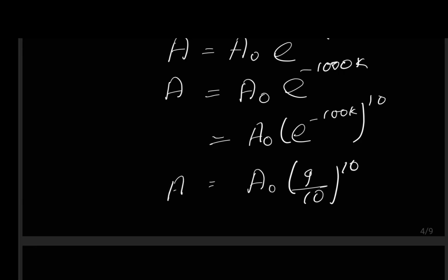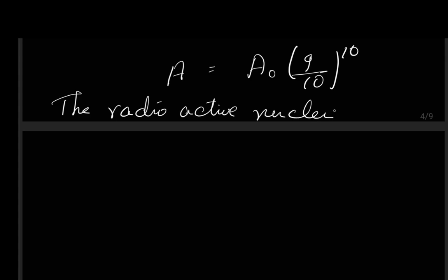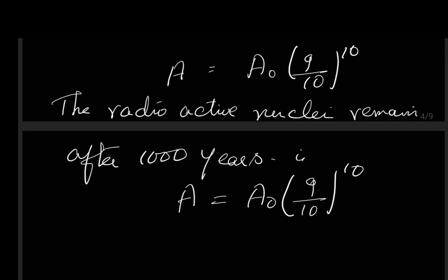This is your A. So the radioactive nuclei remaining after 1000 years is A equal to A0 (9 by 10) whole power 10. This is the answer. Thank you.